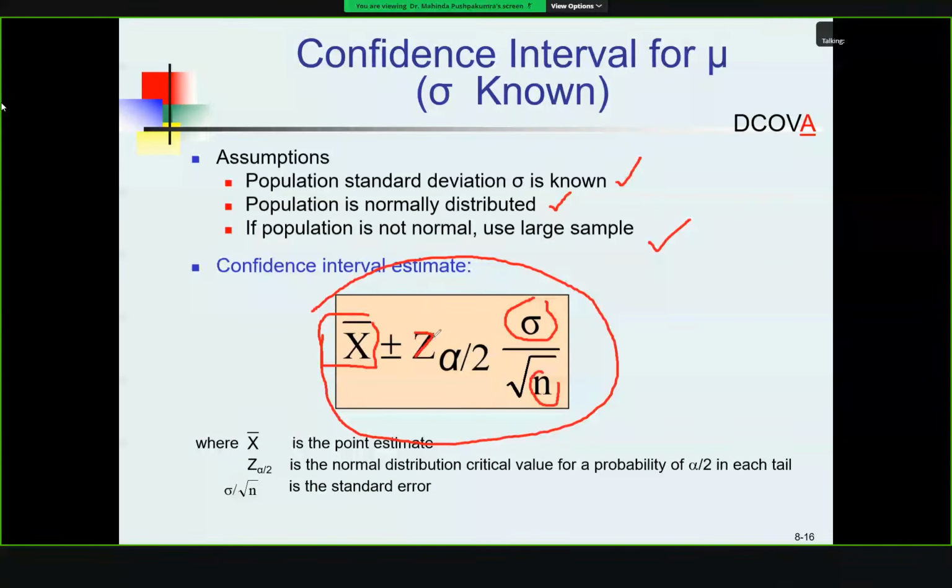Z stands for Z table. Alpha stands for level of significance. If you construct confidence interval at 95%, then the level of significance is 5%. Then alpha is equal to 0.05. Then from the table, we can find the value.